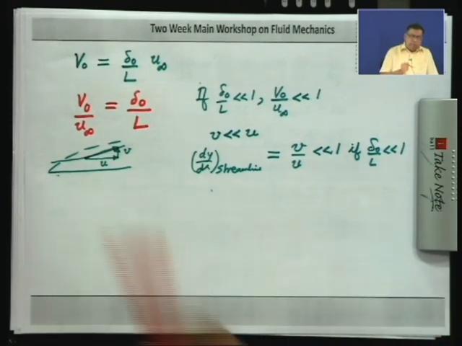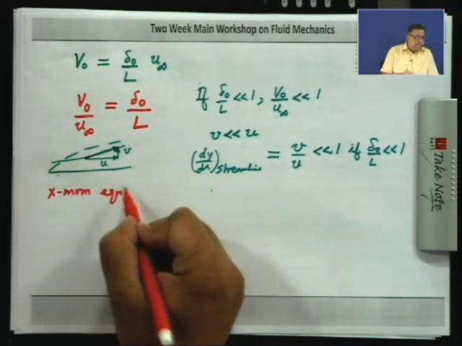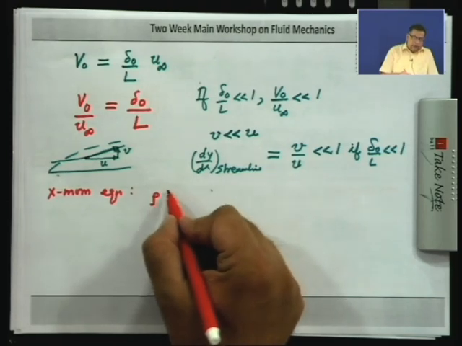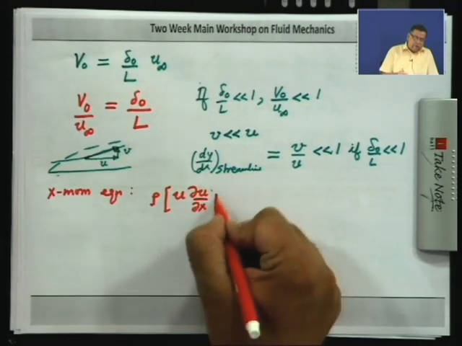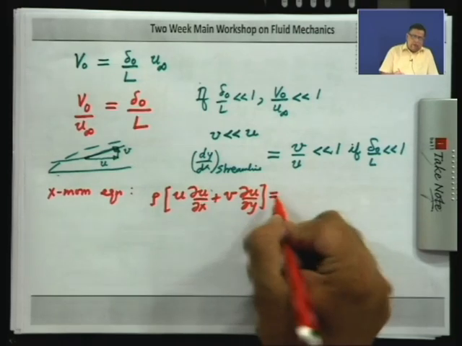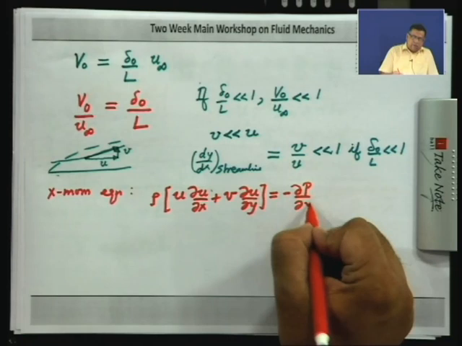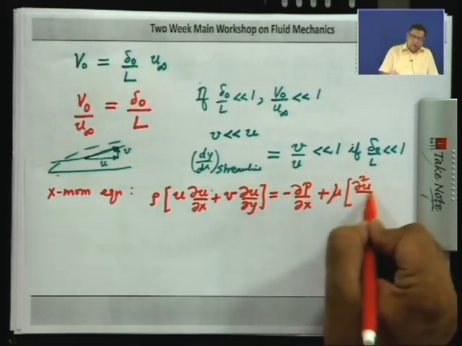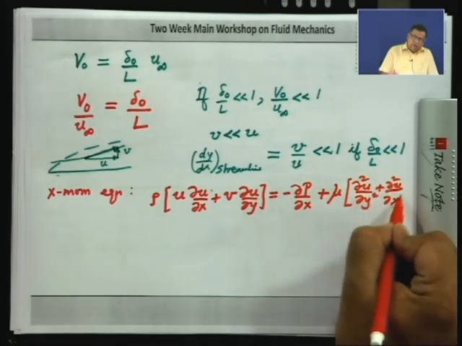Now, let us go to the x momentum equation. We had rho times u del u del x plus v del u del y equal to minus del p del x plus mu times del squared u del y squared plus del squared u del x squared.